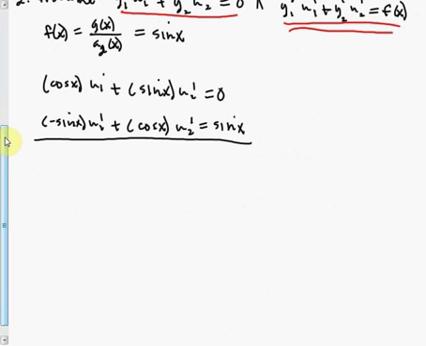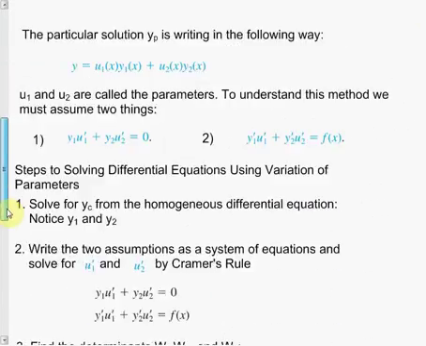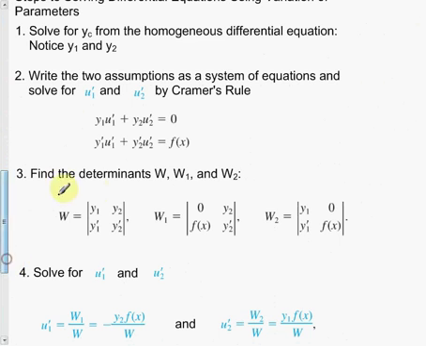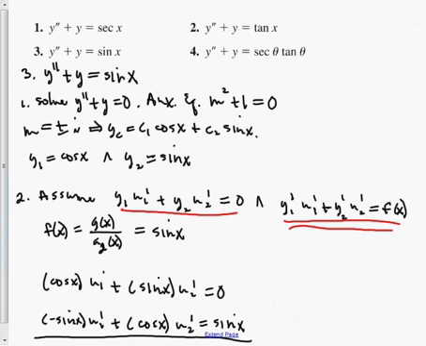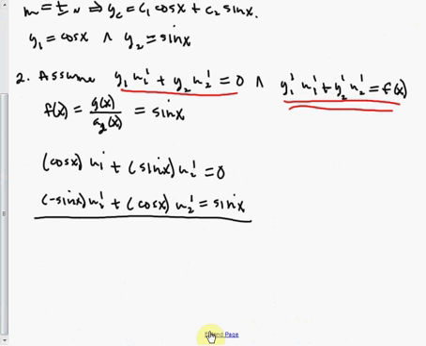So from here, I want to extract out of there the Wronskian. That will be the third step. We get the Wronskian.